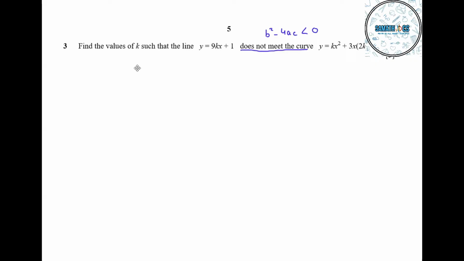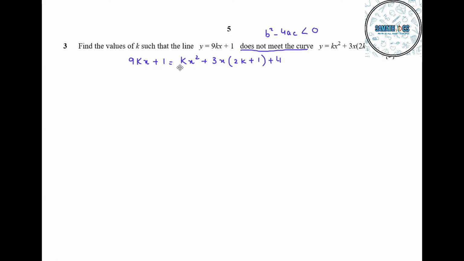First of all, there are two equations given. We can equate these two because both are in terms of y. So 9kx plus 1 is equal to kx square plus 3x into 2k plus 1 plus 4.